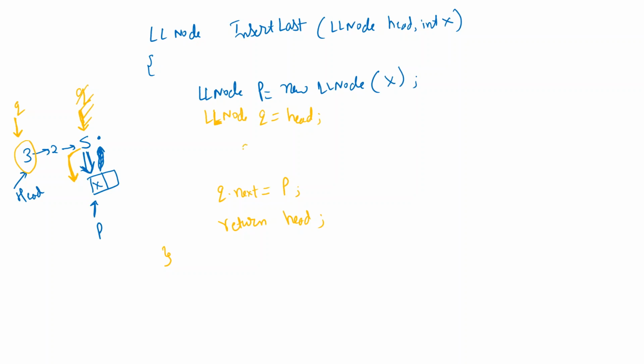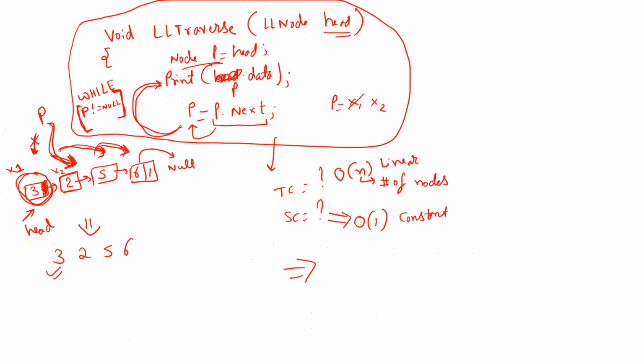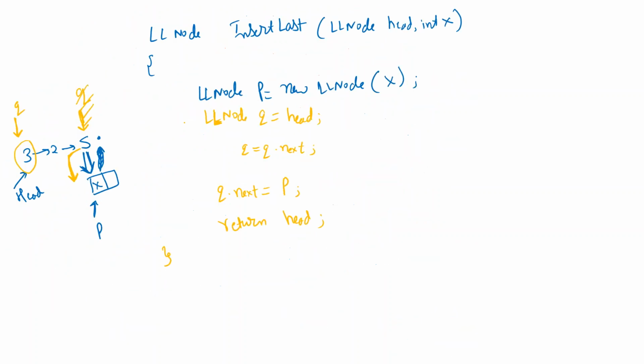So basically you need to keep moving your q forward, and this is how we move a pointer forward, right? We discussed this even over here in traversing the linked list. This is how you move forward. You need to keep moving q forward while q is not equal to null, right?